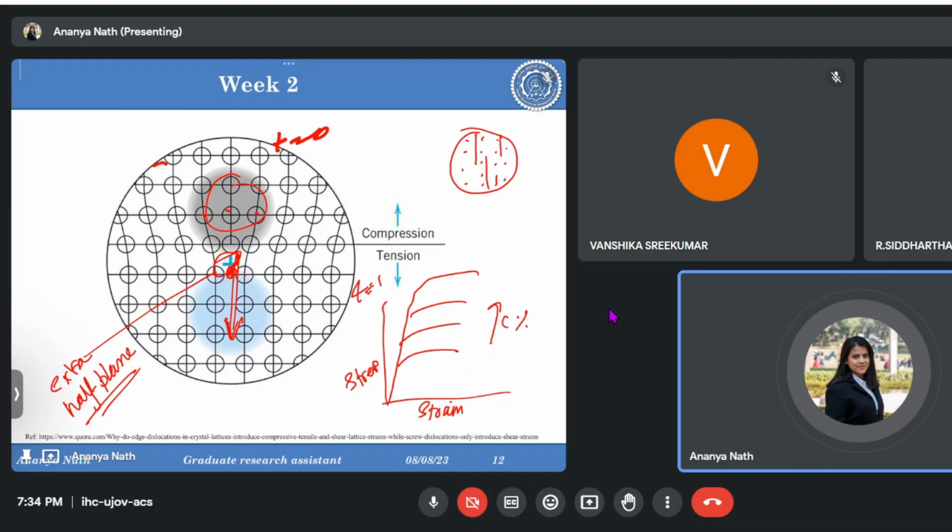Even if the strain is increasing, the stress is decreasing, and after a certain point, the strain is again increasing until it goes up to the fracture point or ultimate stress. So it's the same. You will get to know about this recovery in a deeper way in the subsequent lectures. Okay.